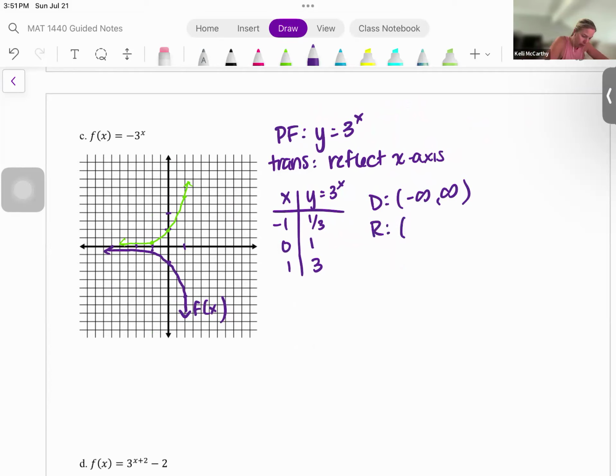The range, however, is now different. It's going to be -infinity to 0, but our horizontal asymptote is still y equals 0. We've had the same horizontal asymptote for the first 3 examples. We won't see a change in our horizontal asymptote until we see a vertical shift to our parent function.